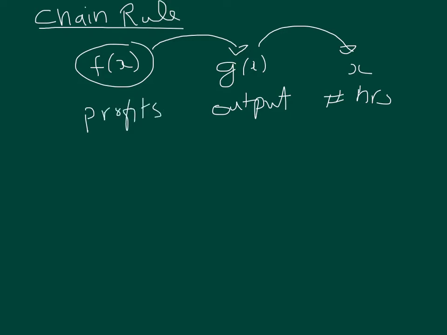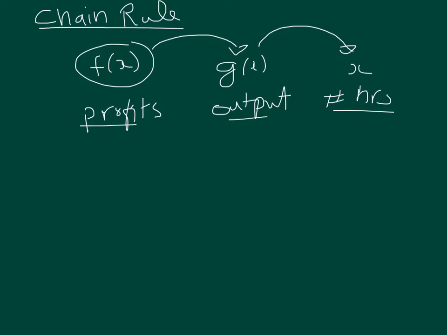So here we see that profits is essentially linked with the number of hours I run my machines through the output produced. So this is a case where x affects g, and g in turn affects my f. So this is a case where we have a composition function. The underlying function is x, but it is linked with f(x) indirectly through g.